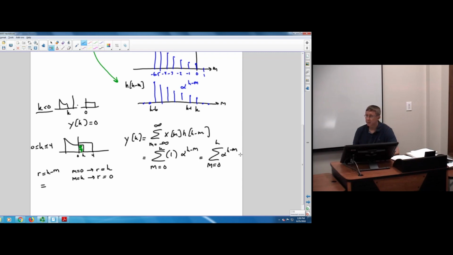So I'm going from limits with m counters to limits with r counters, just to make it look a little nicer. So this is r equals k to 0, alpha to the r. That became alpha to the r. When I was k, now I'm 0. When I was 0, now I'm k. But guess what? This sum is still the same thing. It still means the same thing. Add up from r equals 0 up to r equals k. R equals 0 to k, alpha to r.